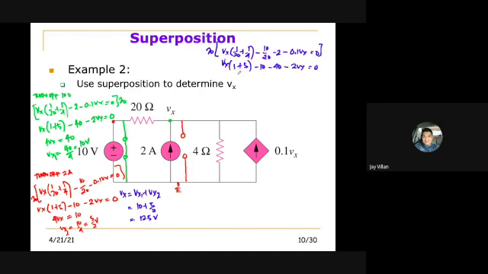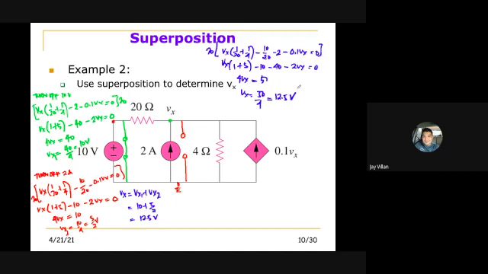So this is 6 minus 2Vx, so that is 4Vx. 4Vx is equals to 10 plus 40 is 50. So Vx is equals to 50 divided by 4. So is this equal to 12.5? Yes, sir. So that is equal to 12.5. Okay?